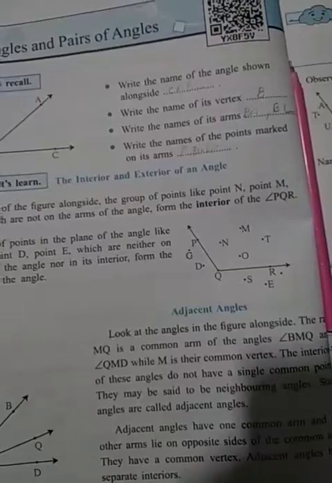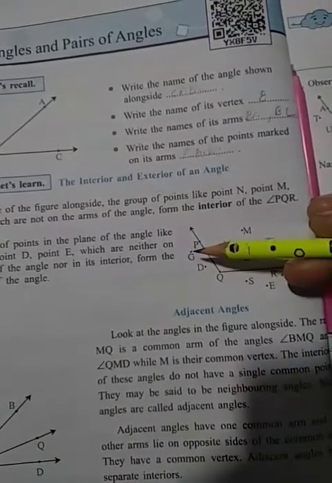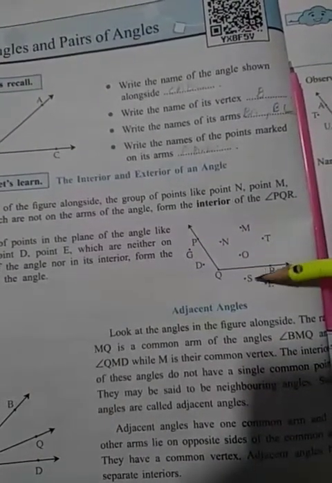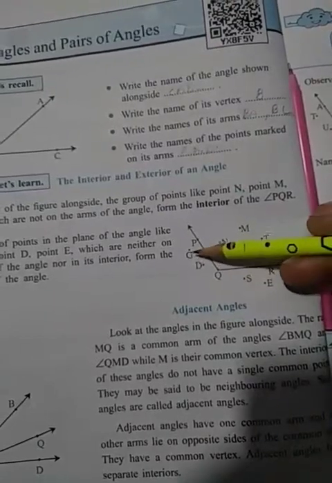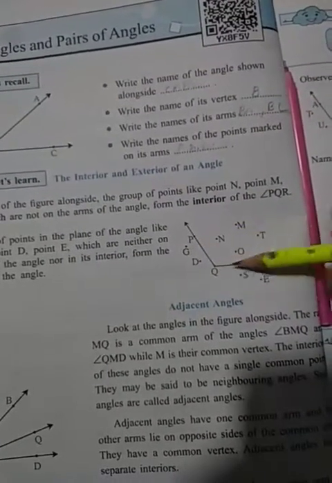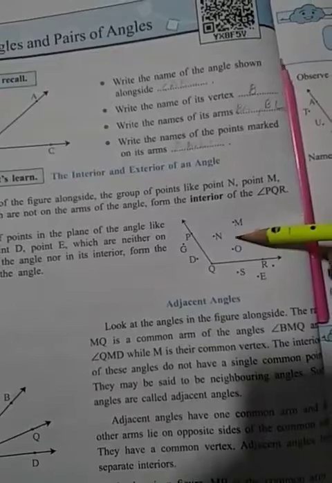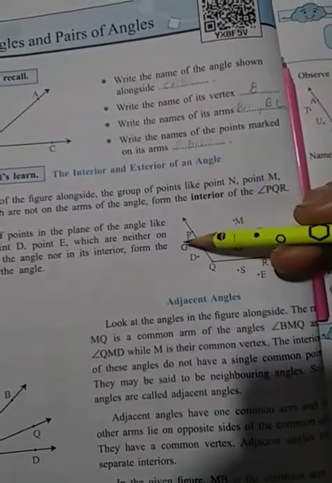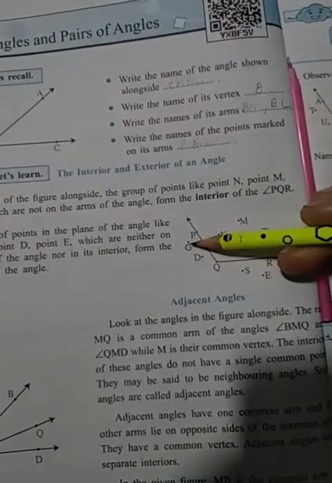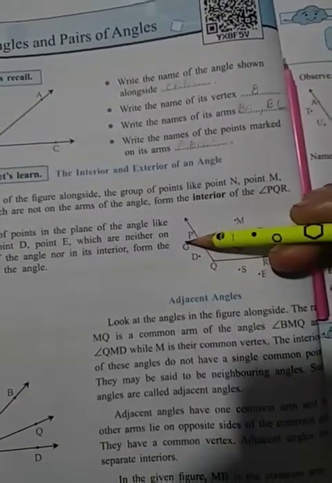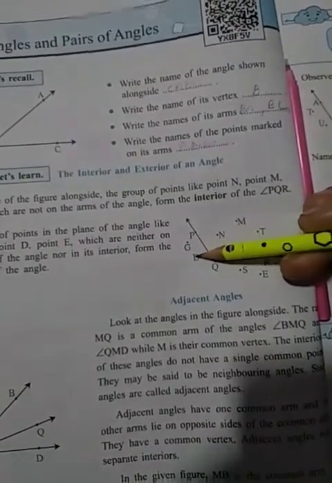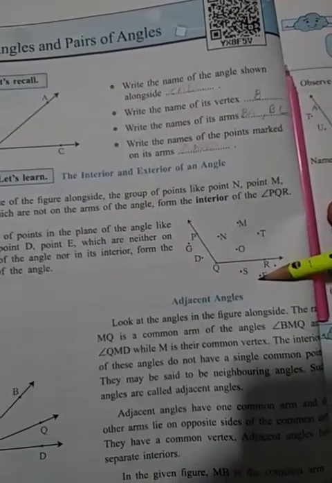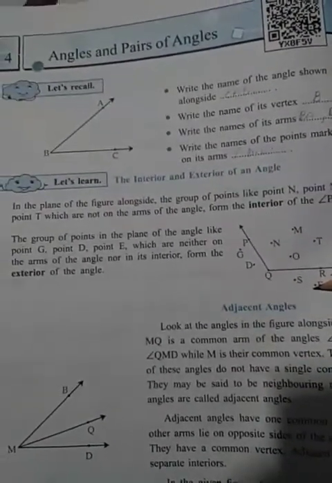And what is exterior? See, these are the exterior points which are outside the angle, which are not on the arms and not inside the angle, not in the interior points. See here, these are the exterior of an angle. Point D, point G, point S, point E. Have you understood?